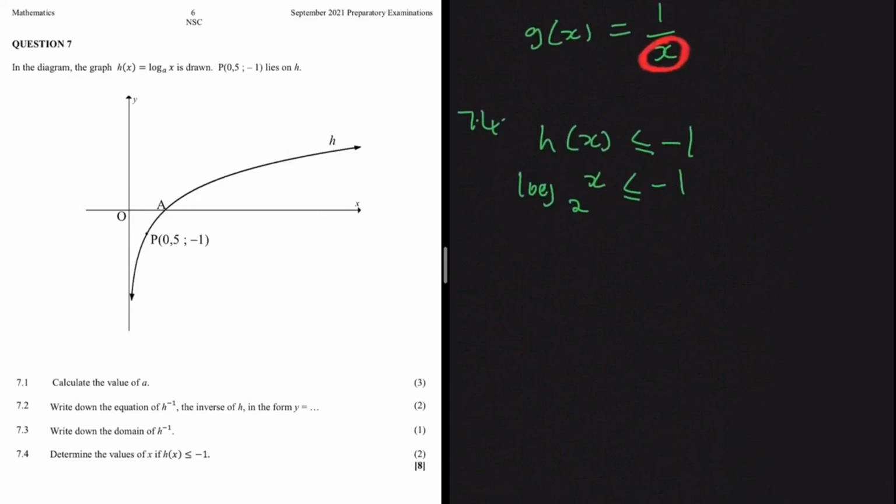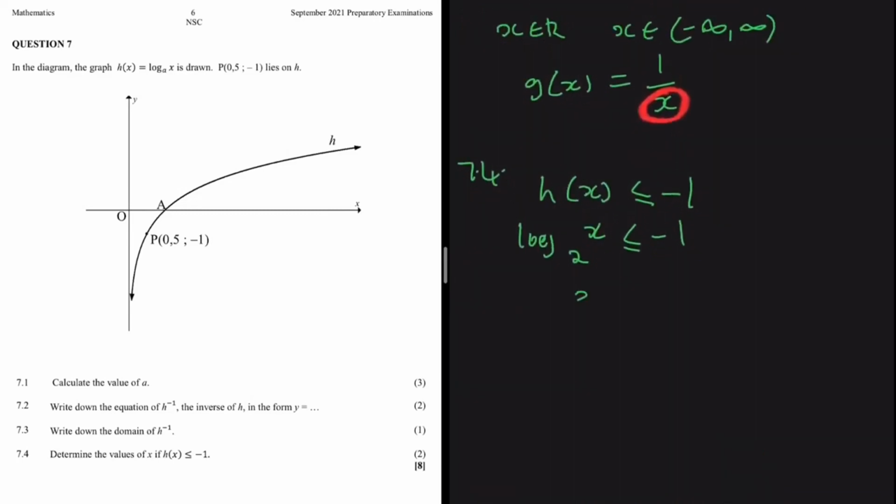And then if we do that, we get x is less than or equal to 2 to the minus 1. 2 to the minus 1, we already said that is 1 divided by 2. So x is less than or equal to 1 divided by 2. So we need x to be 1 divided by 2 or less.